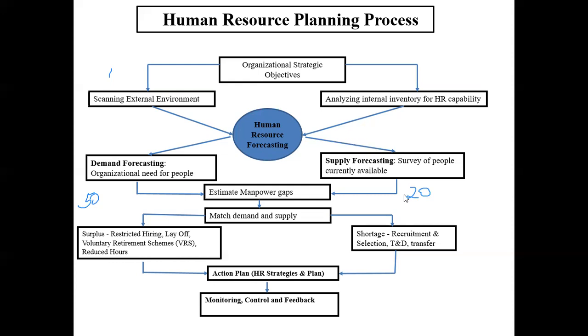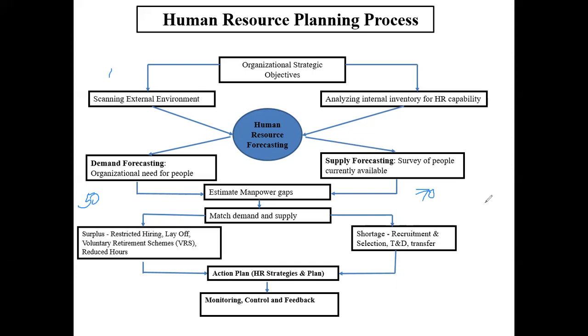But the outcome of supply forecasting also emerged that, in fact, we already have about 70 people that can be transferred to work for the new campus without it affecting the shape of our company. So the supply is giving us 70, but we actually need only 50.